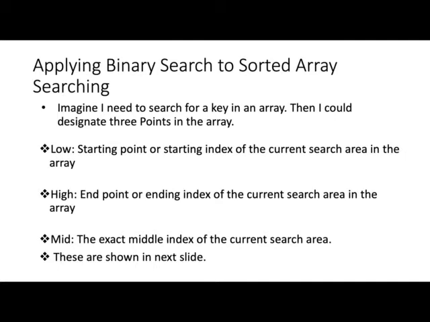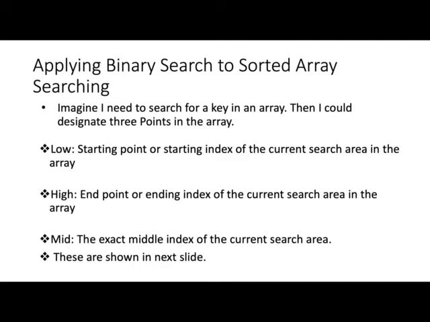So if you take 0 plus, let's say high index was 11, so 0 plus 11 is 11, divided by 2 will not be 5.5, it will be actually 5. Integer division, don't forget that.